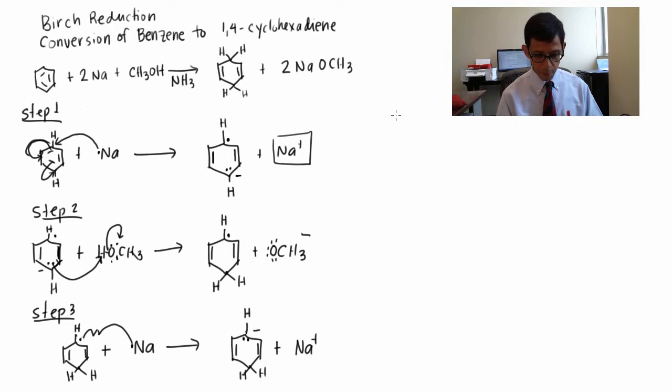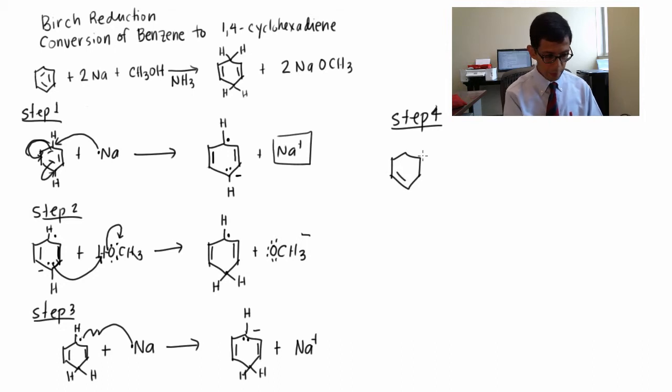Okay. And in the process, again, you generate a second sodium cation. Next, step 4. So the starting material in step 4 is the product in step 3. So we have that H at that carbon with that lone pair and a negative charge.